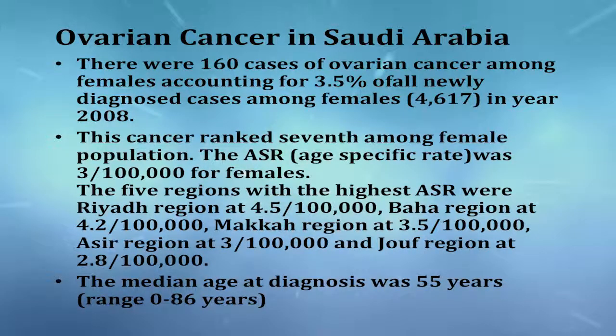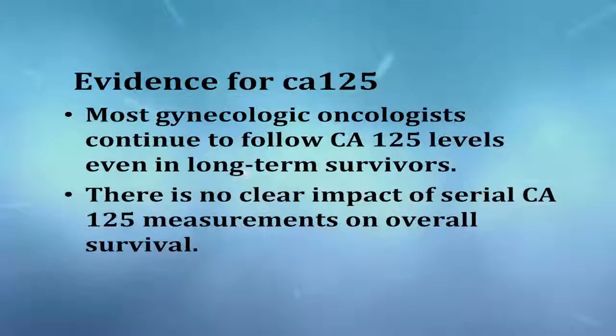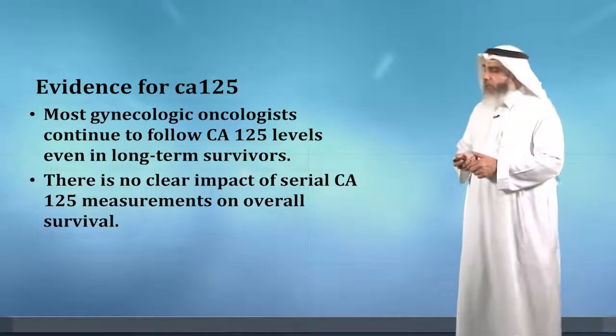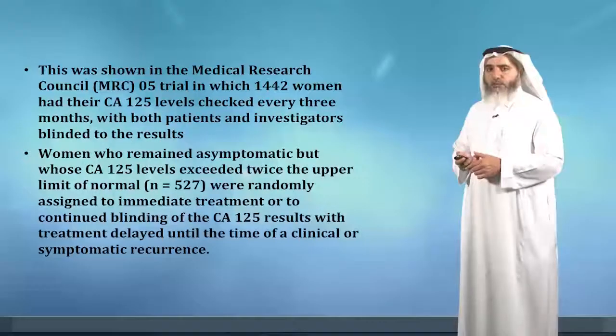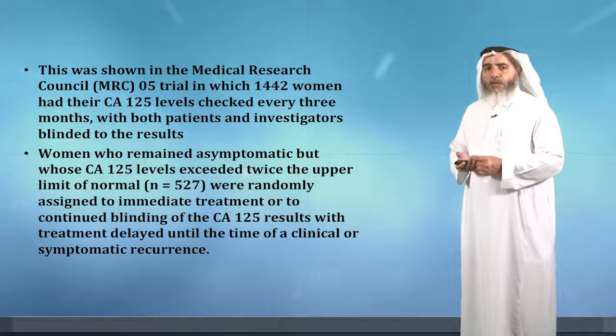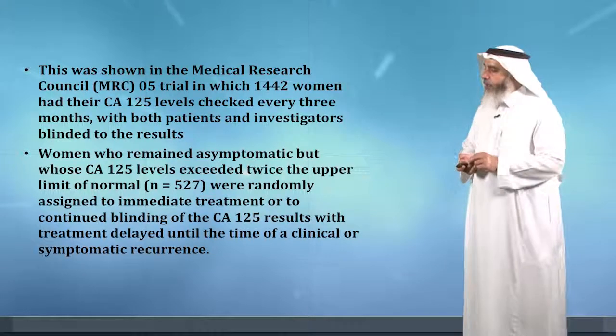The median age for ovarian cancer is 55 years. As you mentioned before, the benefit of CA125 testing is debatable, whether to decide treatment at the rise of CA125 or to leave it till the patient develops symptoms.